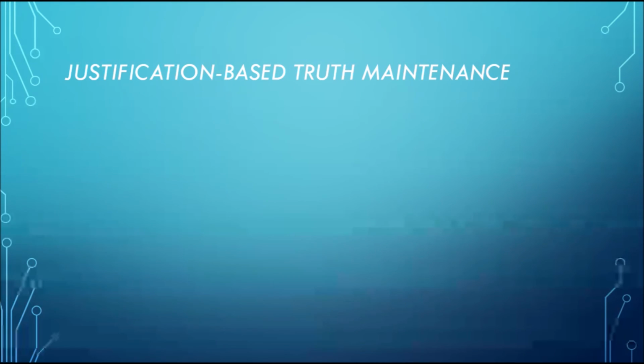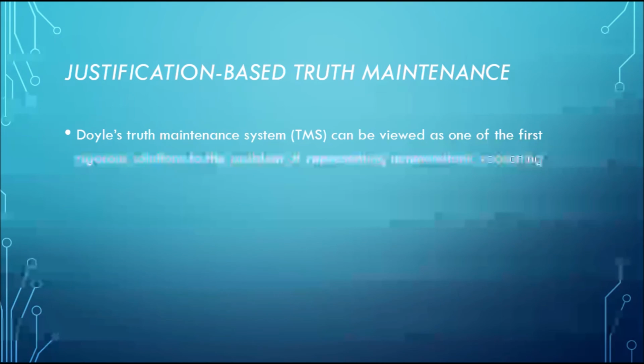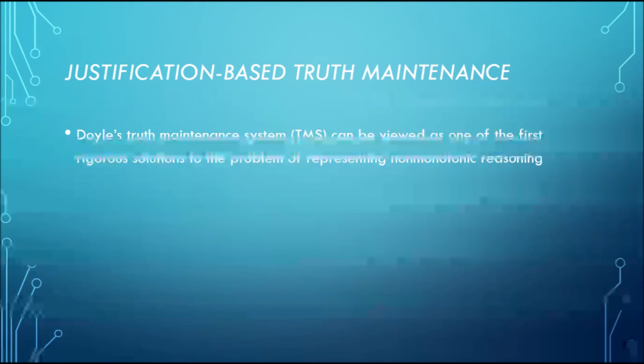Another application of the non-monotonic logic is the justification-based truth maintenance system. Doyle's truth maintenance system, TMS, can be viewed as one of the first rigorous solutions to the problem of representing non-monotonic reasoning. In particular, it introduced the now familiar notion of non-monotonic justification, subsequently used in default and modal non-monotonic logic.